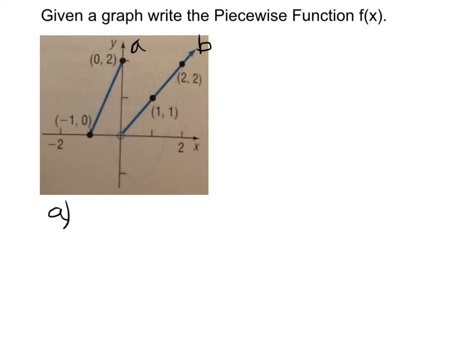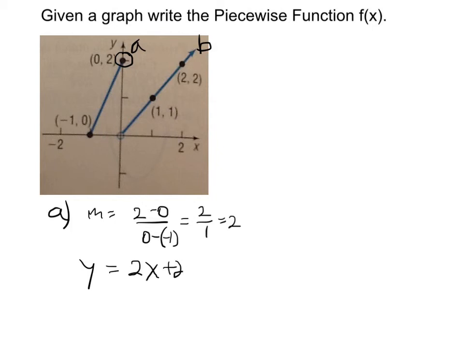For A here, our slope is going to be 2 minus 0 over 0 minus -1, which equals 2 over 1, which equals 2. Then we have y equals, since this is a y-intercept, I can say, oh, well, I got 2x plus 2 for that function.